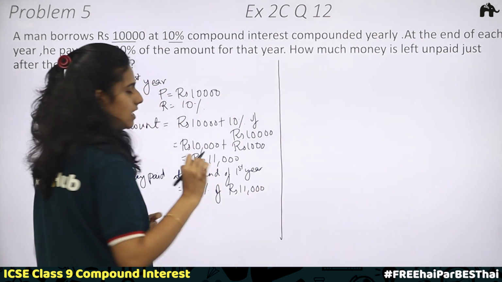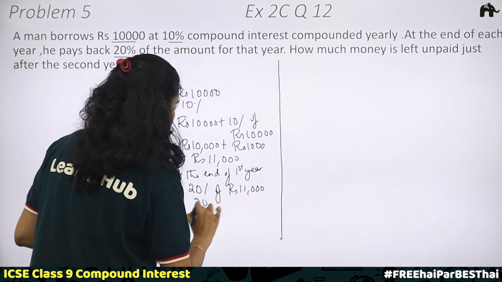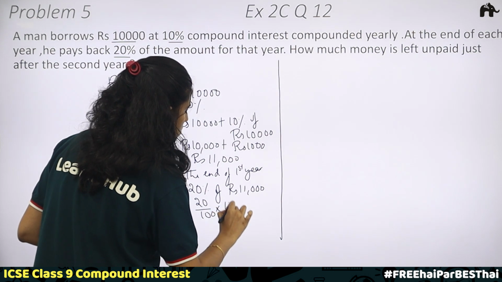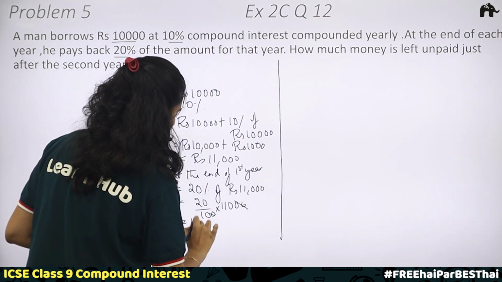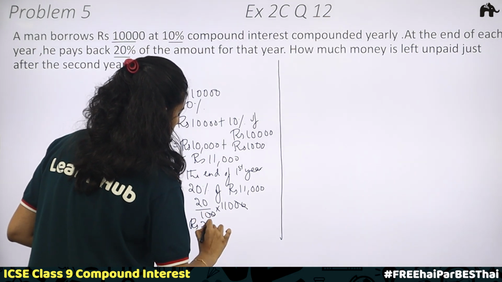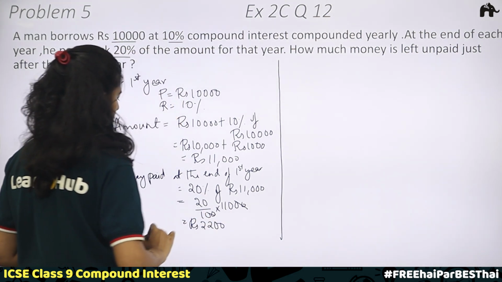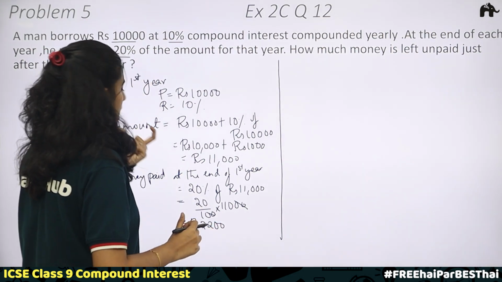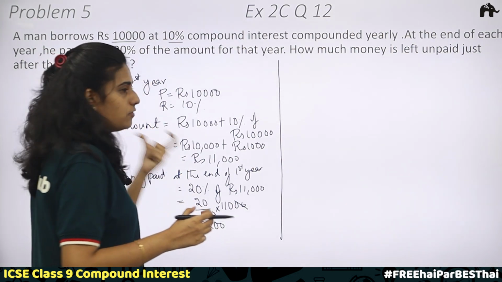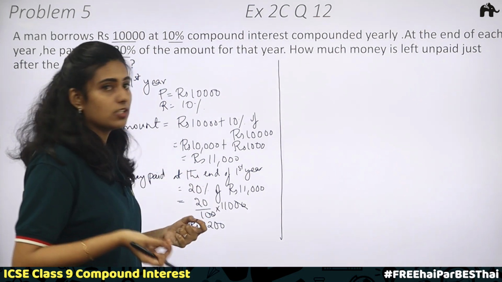What is 20% of 11,000? 20 by 100 into 11,000. Cancelling out zeros, you will be getting rupees 2,200. Okay. So this rupees 2,200 should be subtracted from the amount at the end of first year to get the principal for the second year.